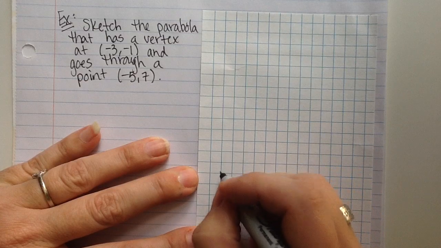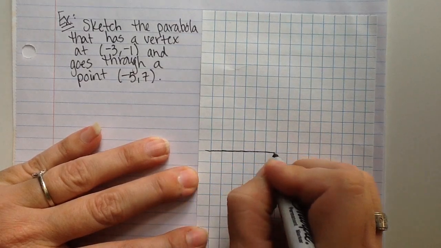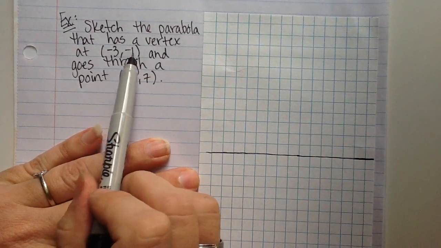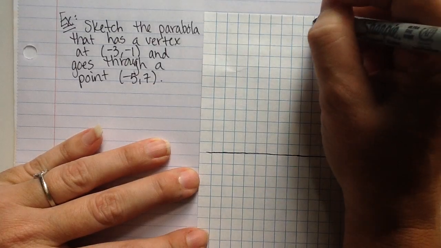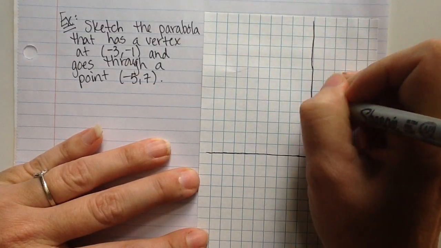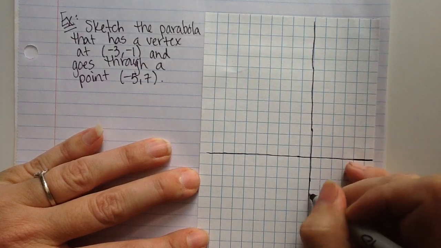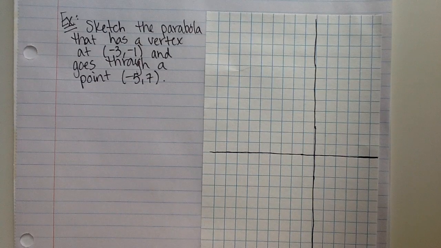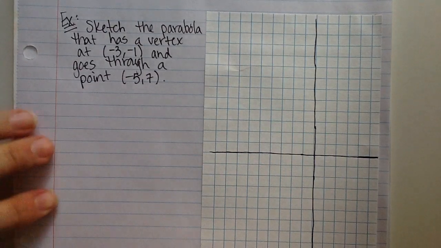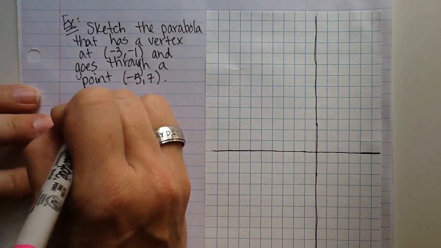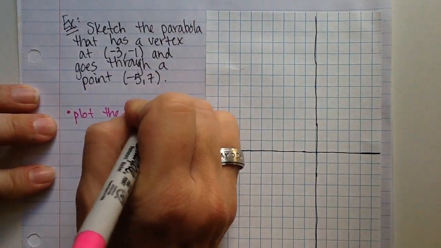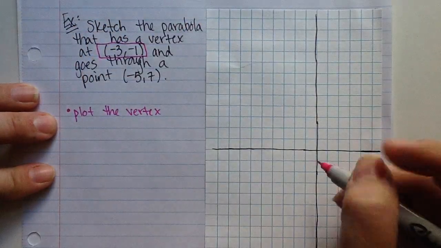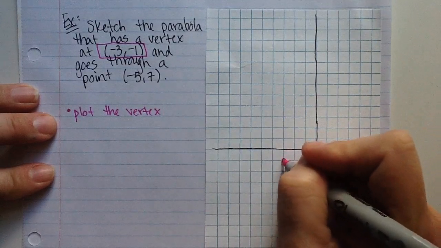First I'm going to put my axes on here. And since my vertex is at -3, -1, I'm going to give myself more space in the negative side. Quadrants 2 and 3. So the way that I'm going to make this happen is that I am going to plot the vertex on my graph. My vertex was at -3, -1, so I'll go over to -3, -1.